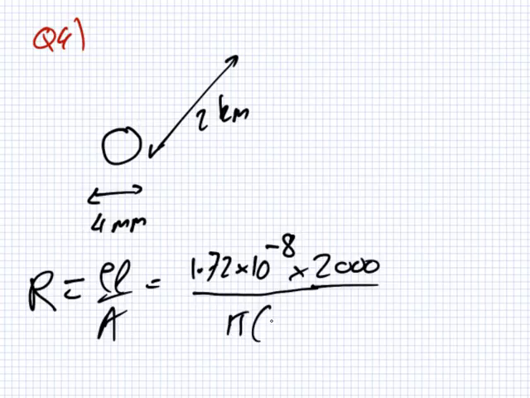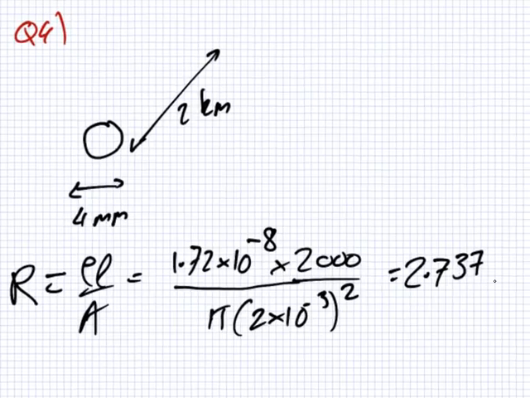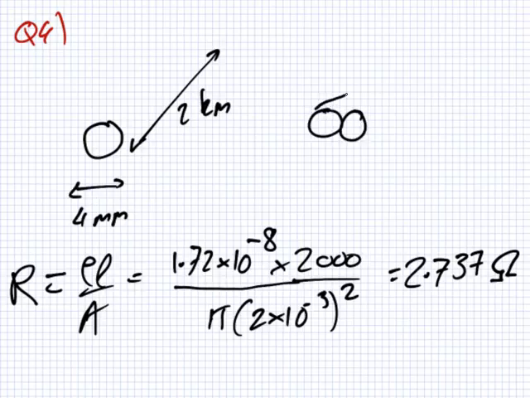Divided by pi r squared. That gives about 2.737 ohms. And then if we have 2 copper wires braided, you know what braiding looks like.